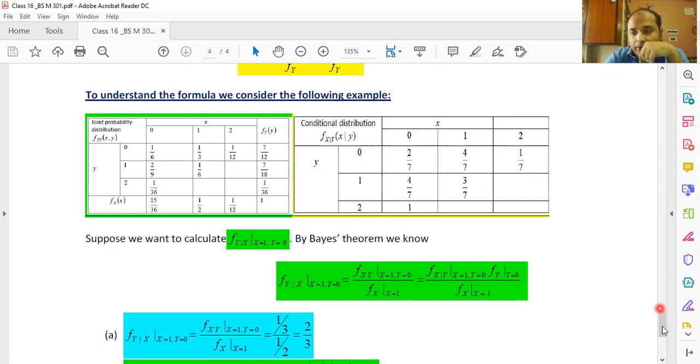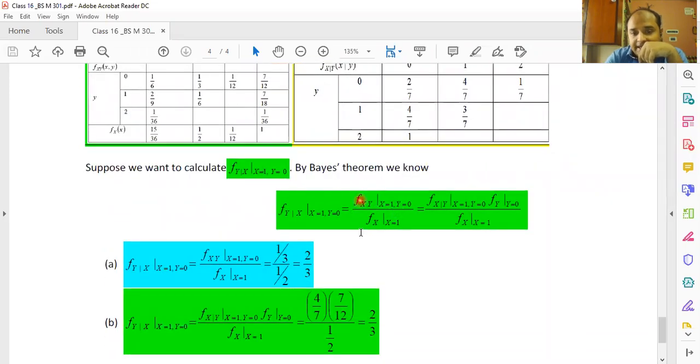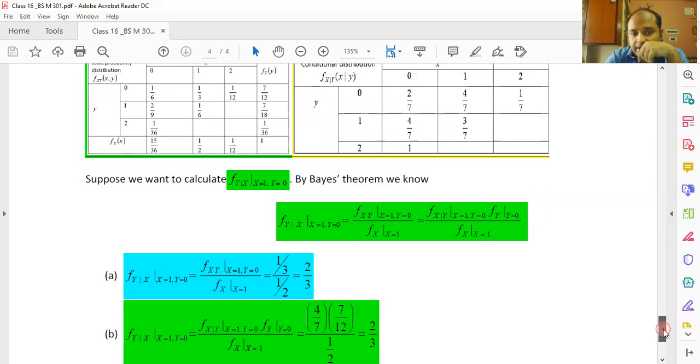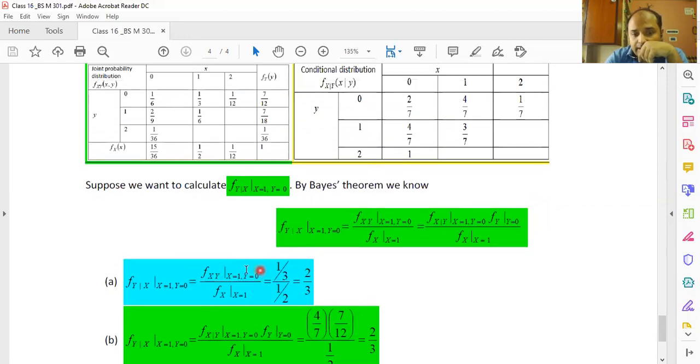I'm going to show you how to calculate this conditional probability first by taking this particular form, and then by taking the other form. And I'm going to show you that these two forms are similar, for which I'm going to take help from the above chart. First of all, let us consider this first definition. You see, when capital X equal to 1 and y equal to 0, that means small x equal to 1 and small y equal to 0, the joint probability for this particular pair is 1/3.